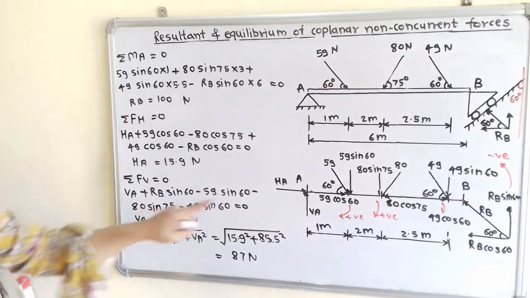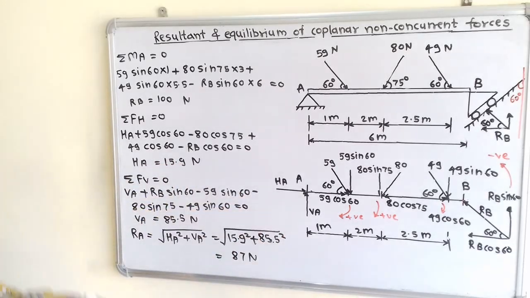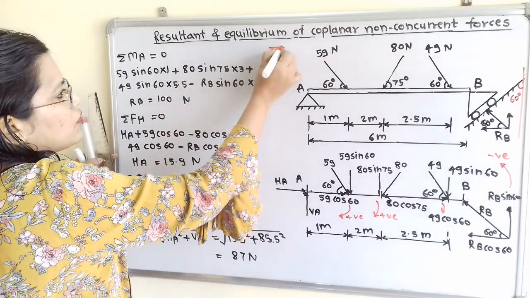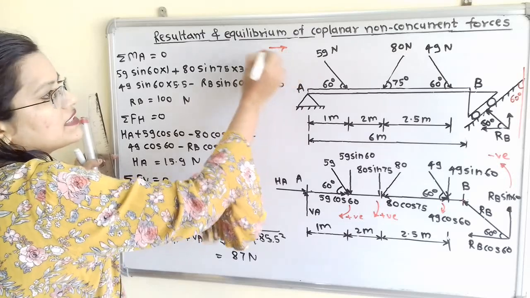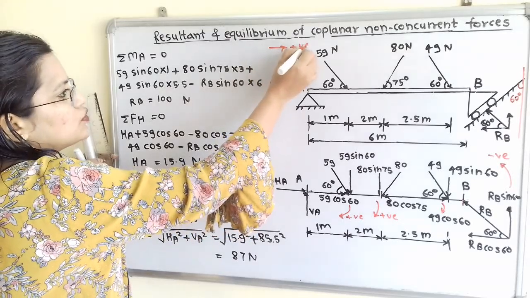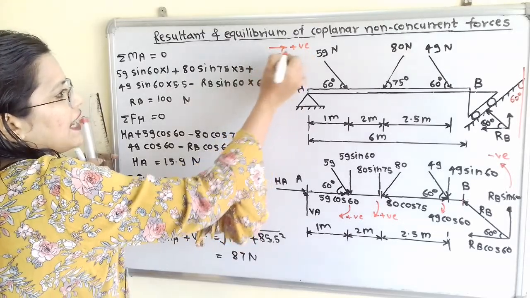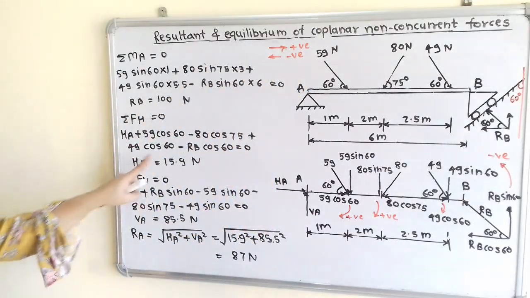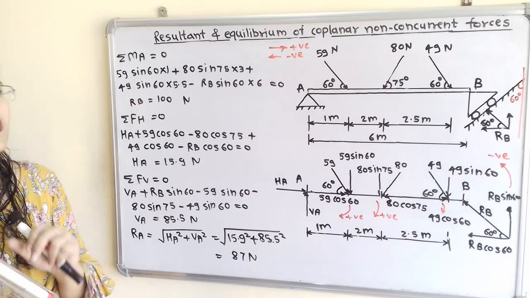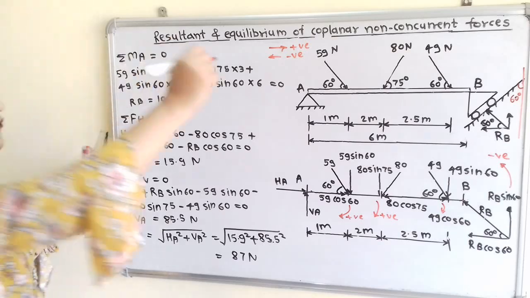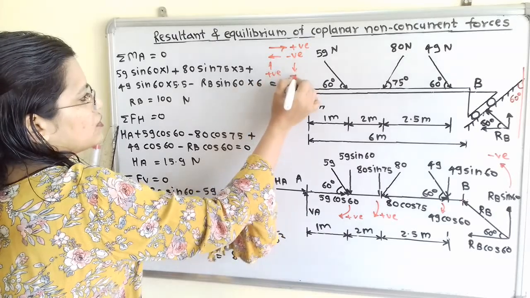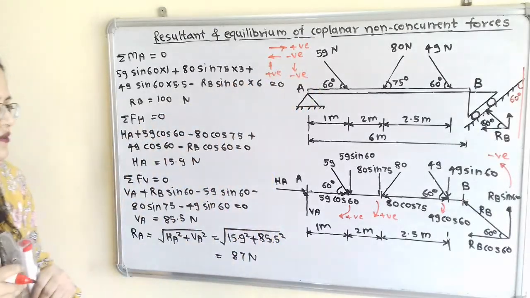In the same way we will calculate VA. Here the sign is important. When the horizontal component is directed towards the right hand side, use positive sign, and for the direction towards the left hand side, use negative sign. In the same way, for the summation of all vertical forces, for the upward direction use positive sign and for downward direction use negative sign.